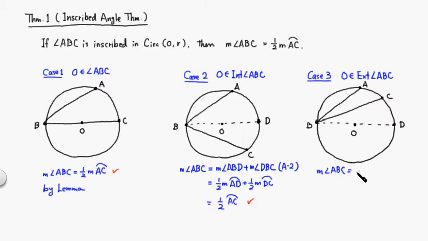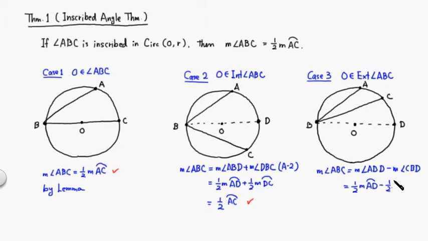The same way. So you can see that the measure of the angle ABC is the measure of the angle ABD. Then you have to subtract the measure of the angle CBD, right? But the measure of the angle ABD is the same as 1/2 of the measure of the arc AD.